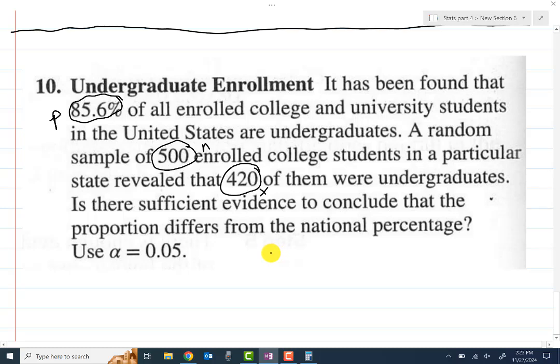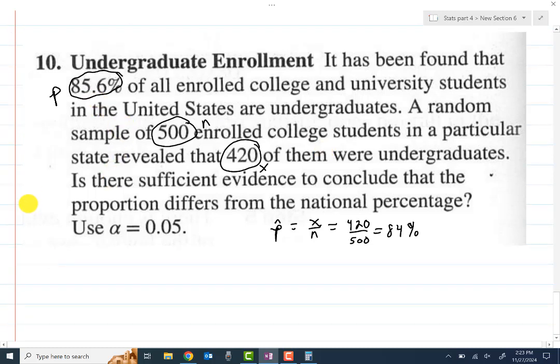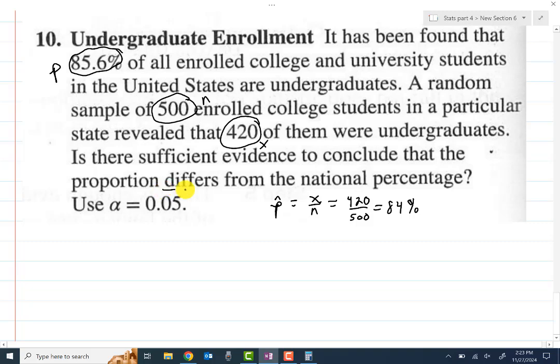And remember, the p hat is equal to x over n. So that's 420 over 500. Now, what I'm going to do here, 86%, and it differs from, so we'll keep that in mind.